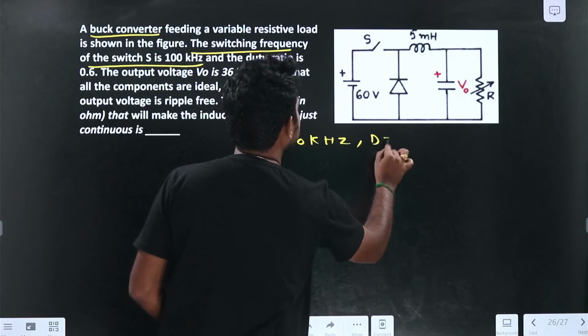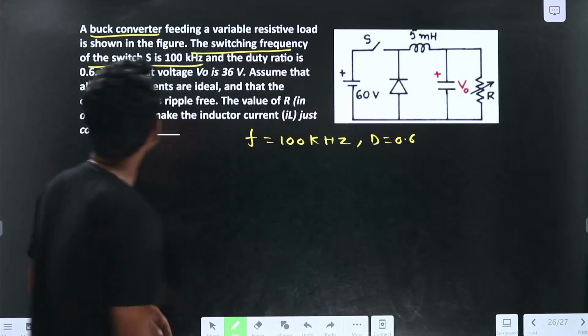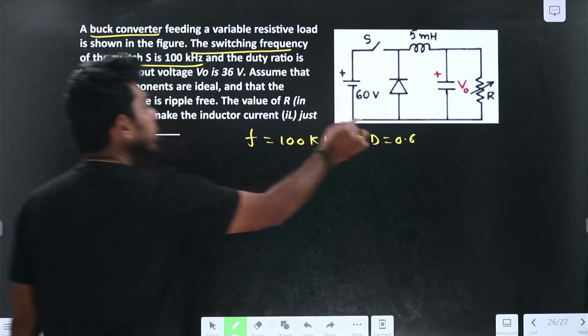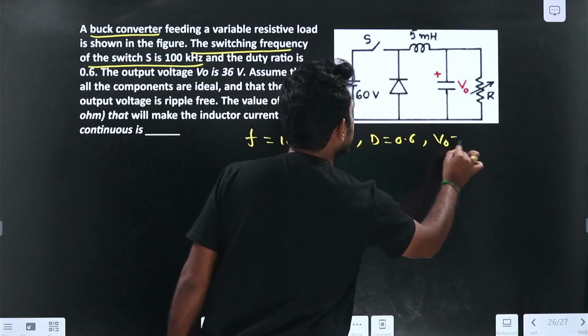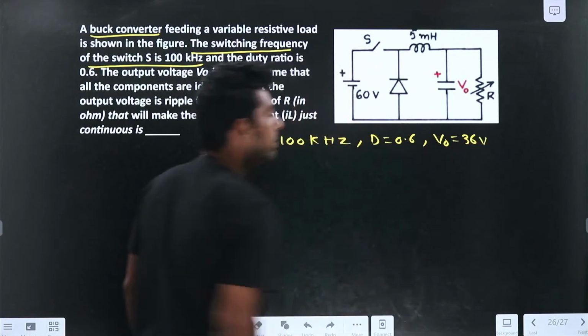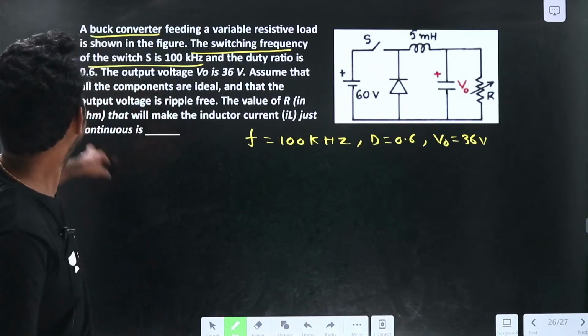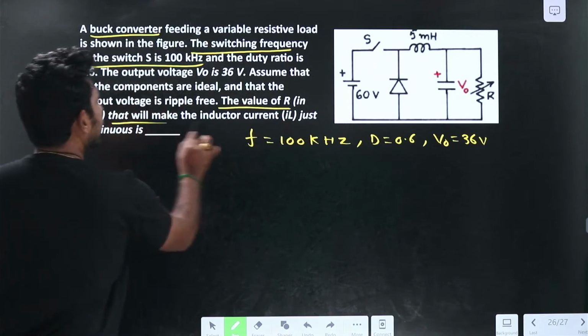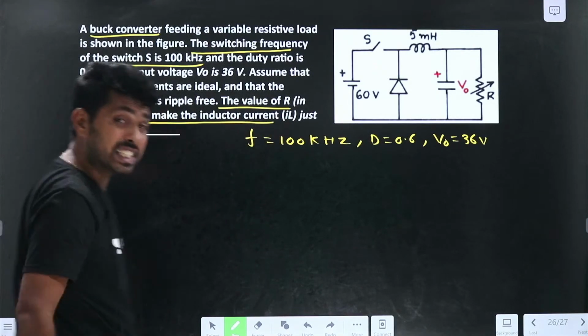The output voltage V0 is given as 36 volts. We need to find the value of R that will make the inductor current just continuous.